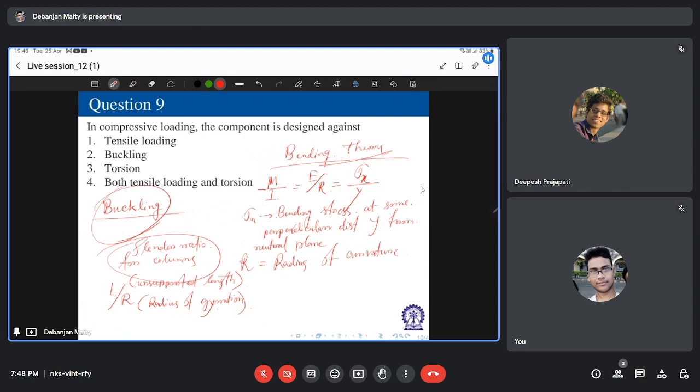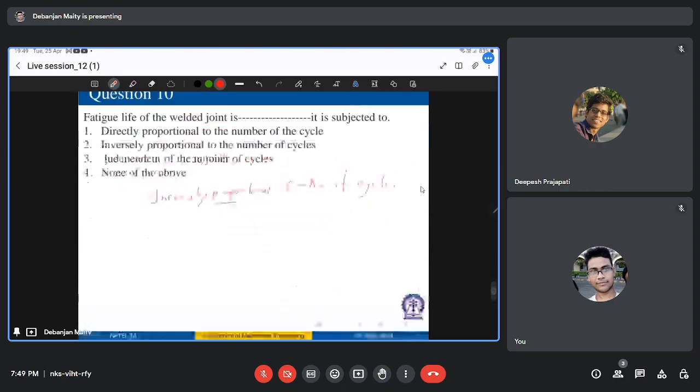So when your slenderness ratio is higher, there will be more chances to buckle, right? When slenderness ratio is higher, buckling possibility will also increase, right? That's it really.